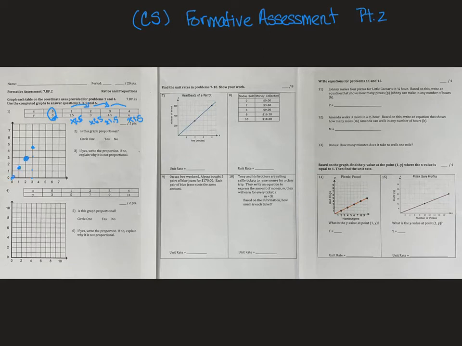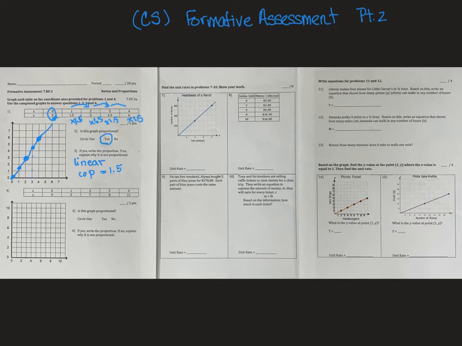I have 0, 0, and I can see that 4 is going to be 6. I'm definitely going up in a straight line. So that is going to be linear, and it is going to be proportional. It has a constant of proportionality. I'm going up by the same amount every time, and that constant of proportionality is 1.5.